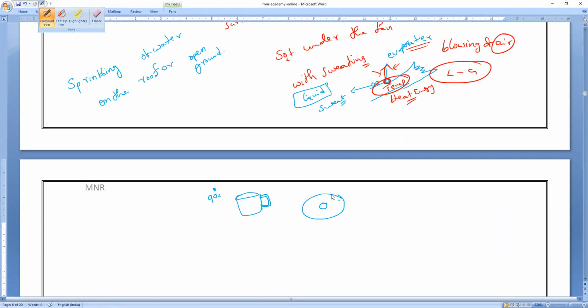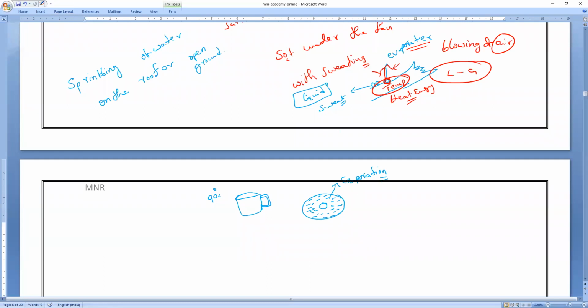If you put it in the saucer, the liquid spreads more, so more heat energy is absorbed from the surroundings and the surface. Evaporation will be faster, so the tea cools very fast. Is it right or wrong, everybody?